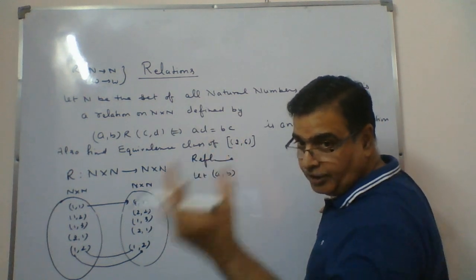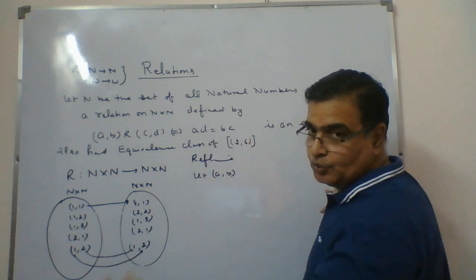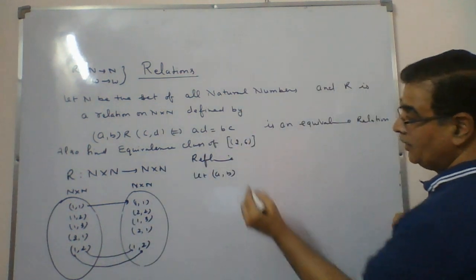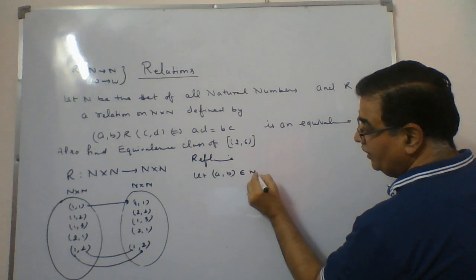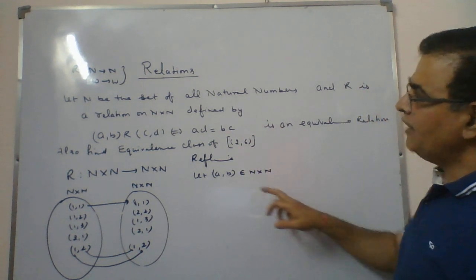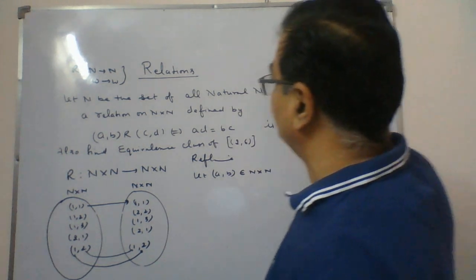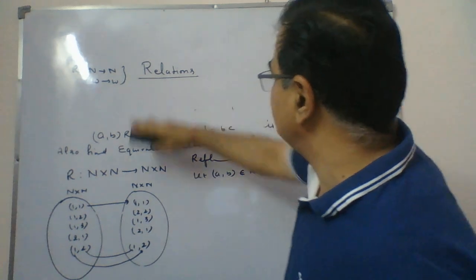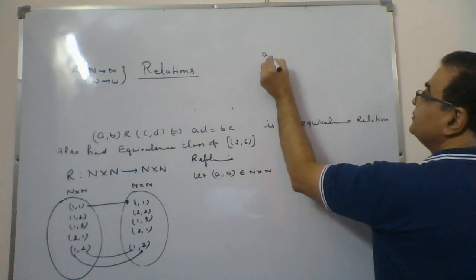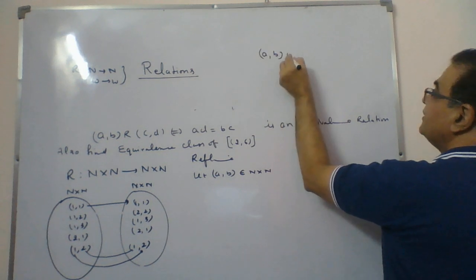A single element, whatever element it is, (1,2) relates with (1,2), (1,3) relates with (1,3), (2,3) relates with (2,3). So let (a,b) belong to N cross N. And what we have to check in this case is whether (a,b) relates with (a,b) or not. Same way if I take (a,b) here and this is (a,b).